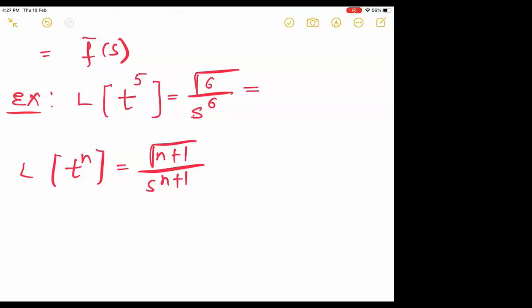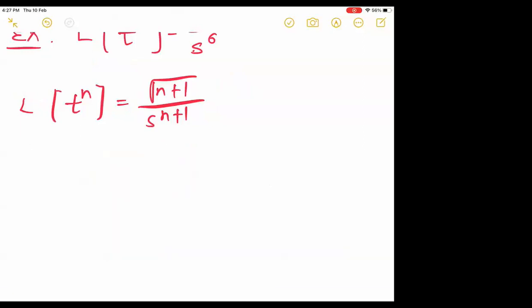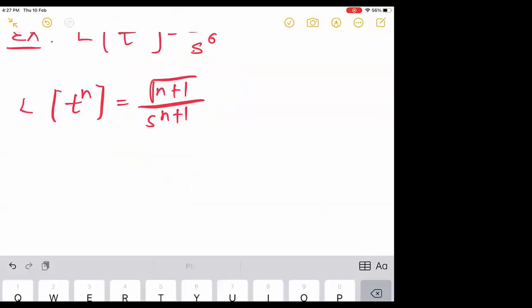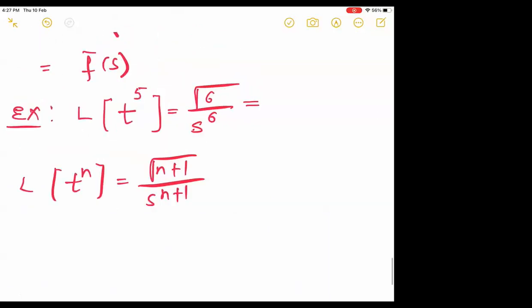So tell me what is gamma 6, what I can write? What do you write for gamma 6? In the factorial. 5 factorial. Yes. 5 factorial upon s raised to 6.